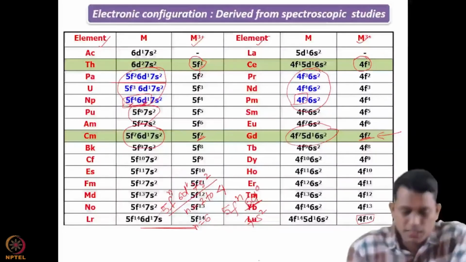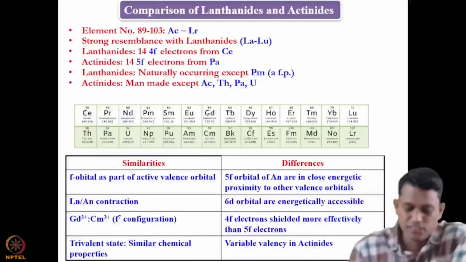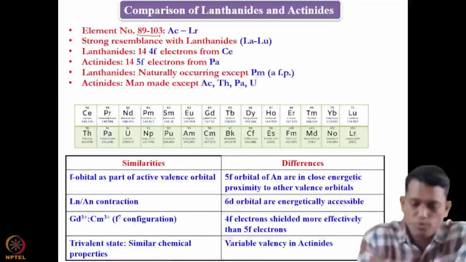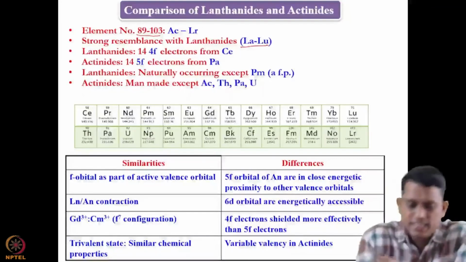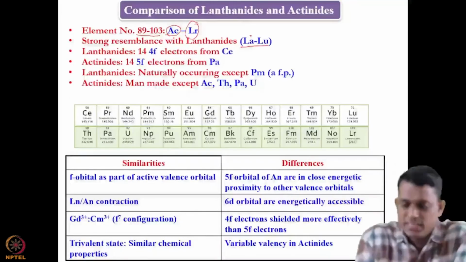With this basic understanding of electronic configuration, we would like to see some of the differences and similarities between the lanthanides and actinides. The actinides start from actinium and end at lawrencium, whereas the lanthanides start from lanthanum and end at lutetium.